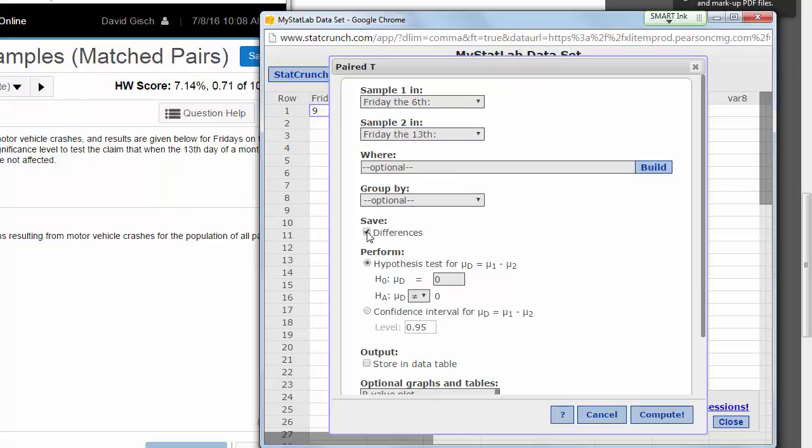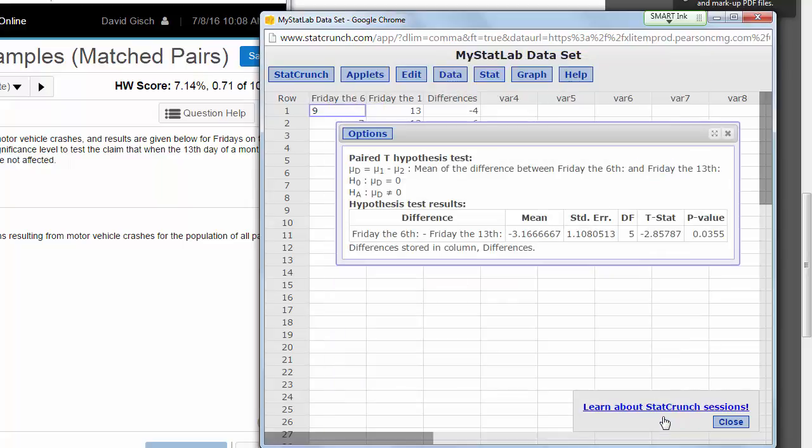Always click Save Your Differences. And we are doing a hypothesis test, and the difference is 0, as in there's no effect, so 0 difference on average, and not equals, we already had that. So we're good there. So we're going to hit Compute, and it runs it all for us.